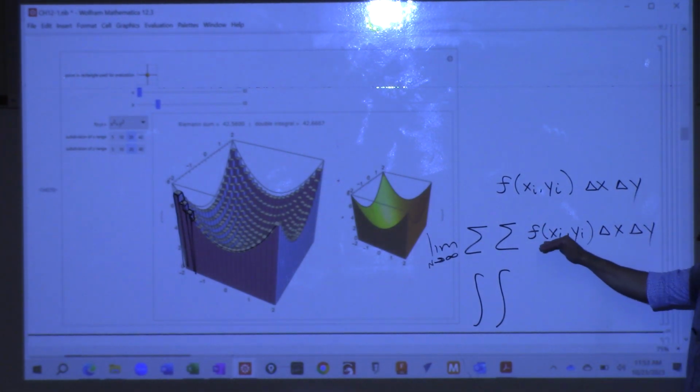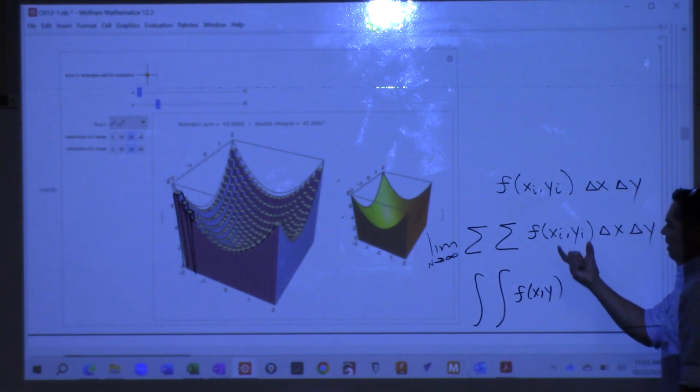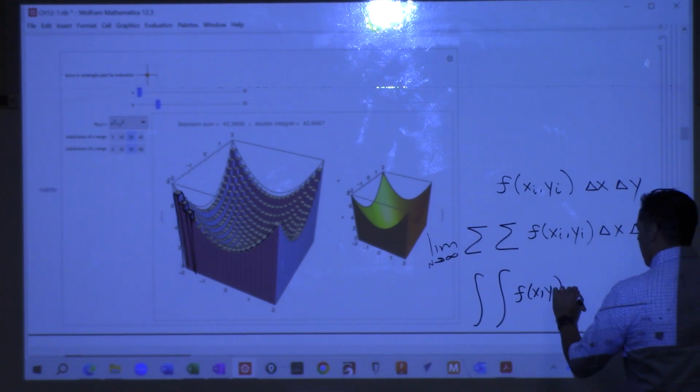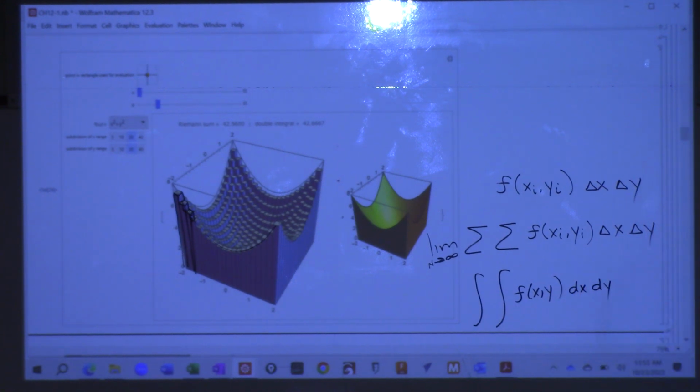And then this right here is the height of the function at some point, right? And then this right here is your what? Dx dy, right? I'm going to go ahead and write it. Dx dy. Okay.